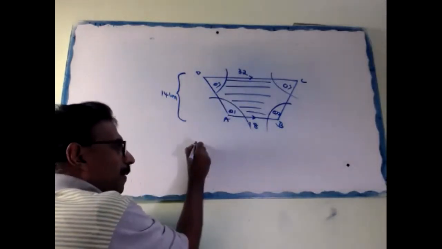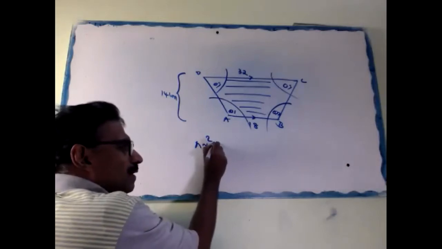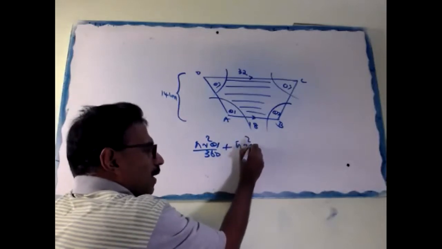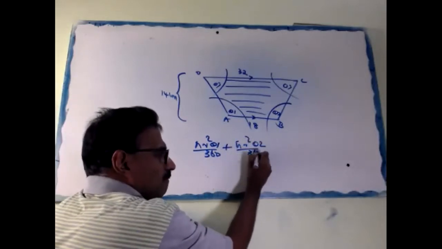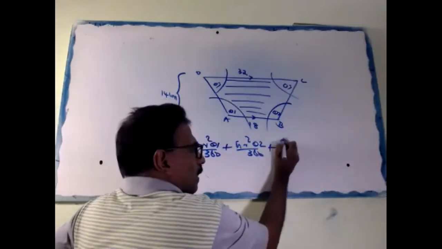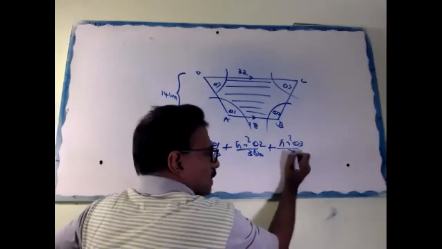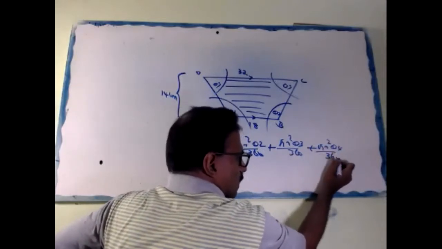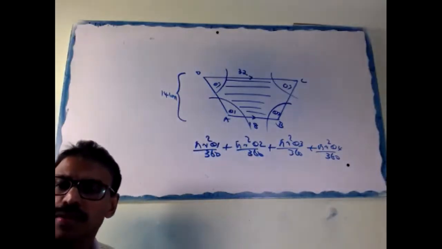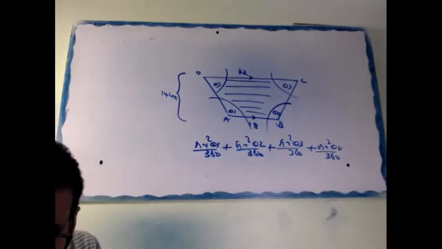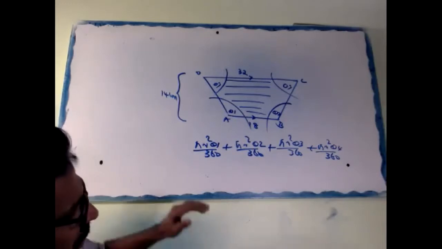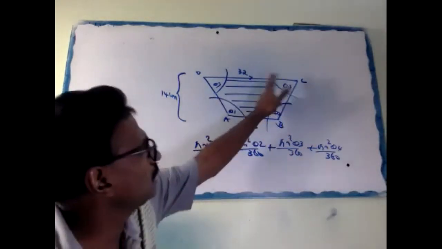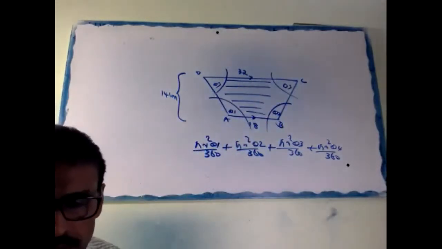So look at here. This area is pi r square theta 1 by 360 plus pi r square theta 2 by 360 plus pi r square theta 3 by 360 plus pi r square theta 4 by 360. This part we have removed. Correct or no? From the area of trapezium, we have to remove all these sector areas, sector number 2, 3, 4. Plan okay or not? Who is not getting?